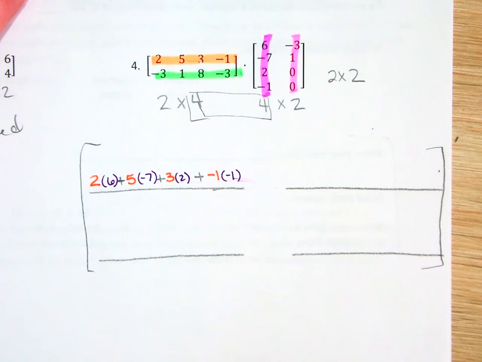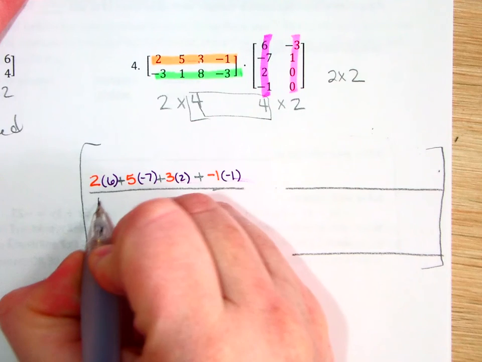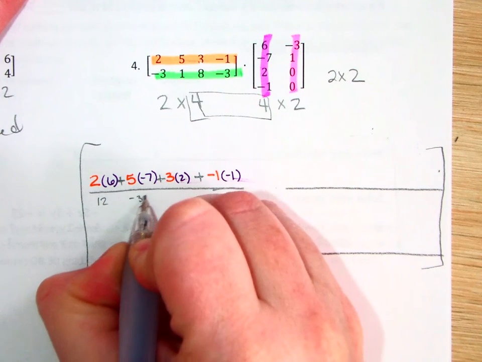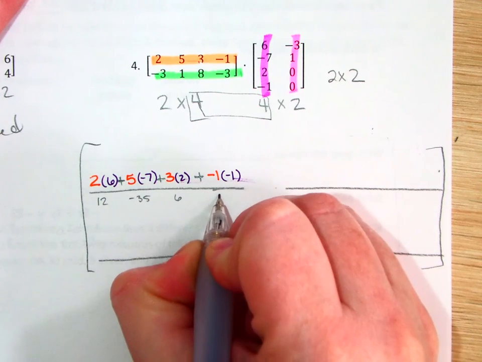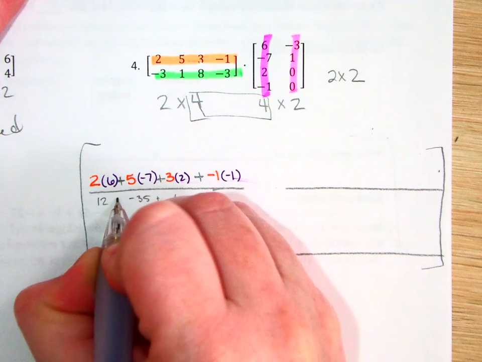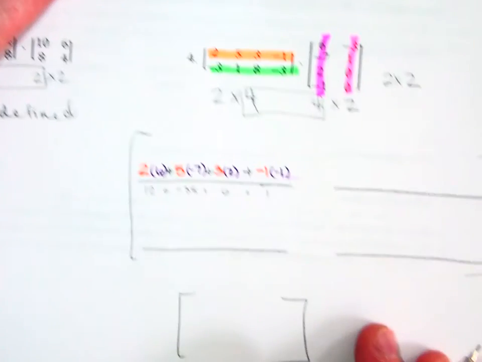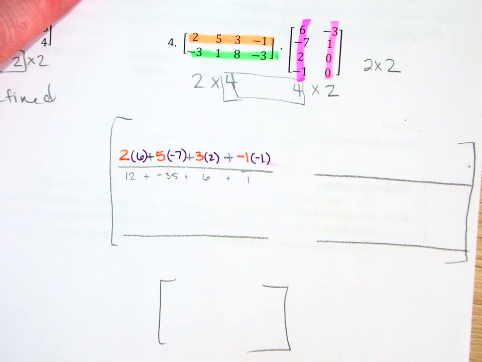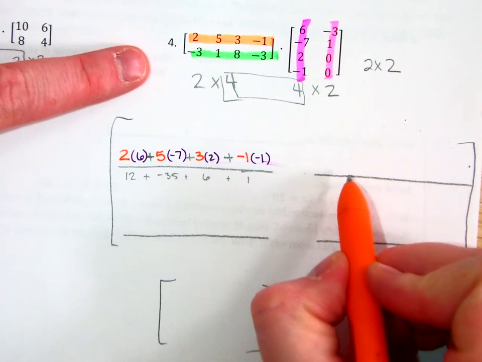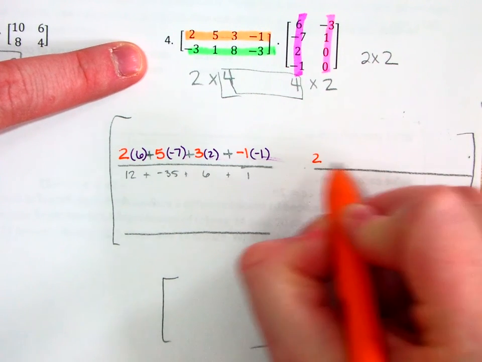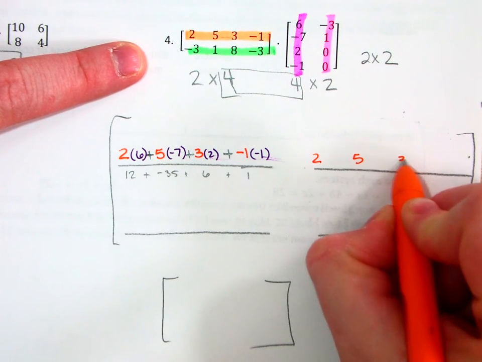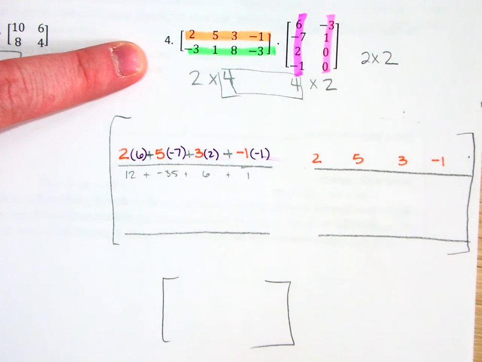Okay? That number, 12, so if you need to, work it out. In my calculator, I just do it. 12, negative 35, 6, and 1. We're going to add those 4 numbers together, and that will give me my answer. So again, I'm going to take row 1, 2, 5, 3, negative 1.